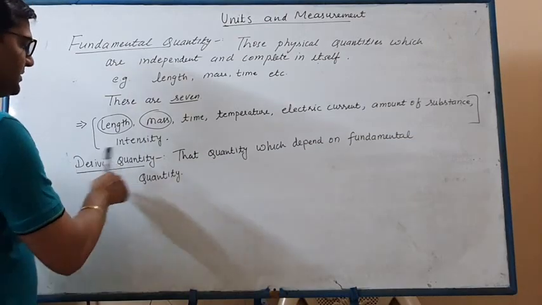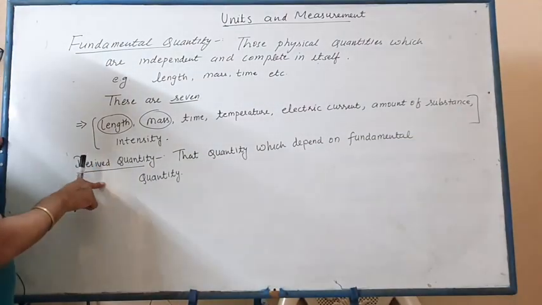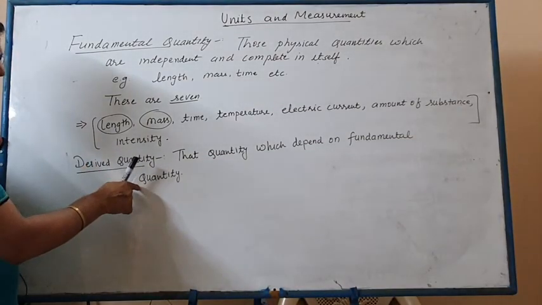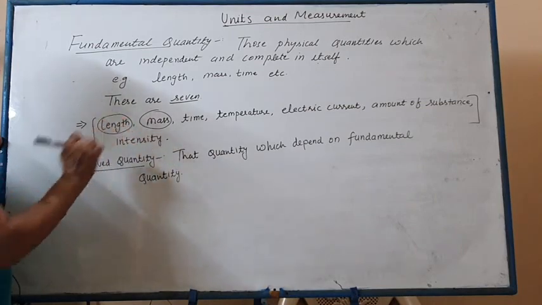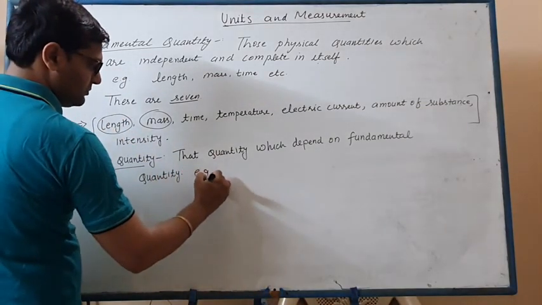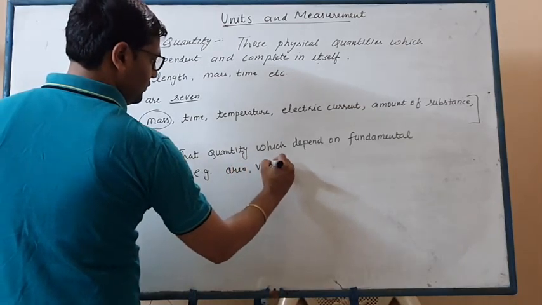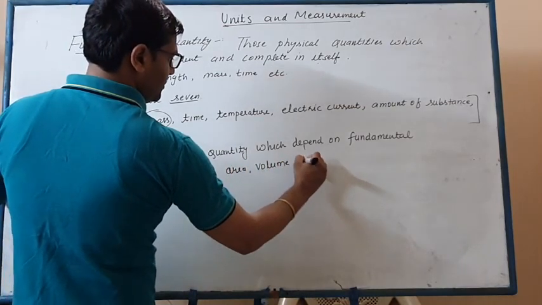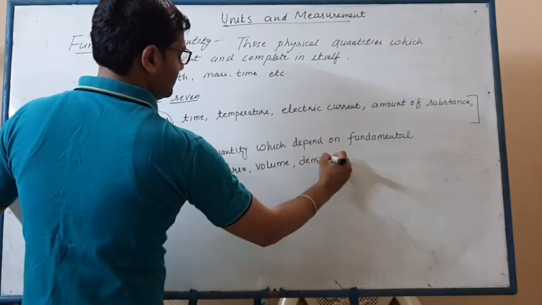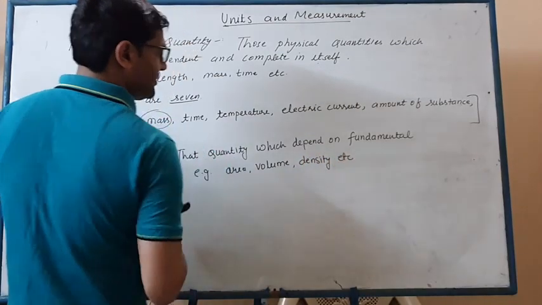So basically these are the dependent quantities. These quantities can be derived with the help of the fundamental ones. For example, area, volume, density, etc.